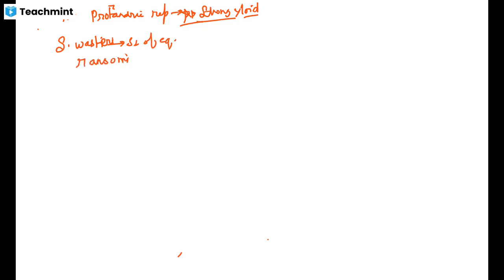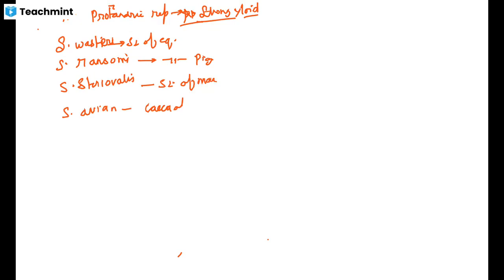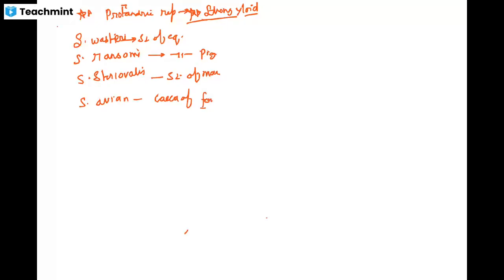Ransomi is present in the small intestine of pig, stercoralis is present in the small intestine of man, and avium is present in the ceca of fowl, turkey and other birds.